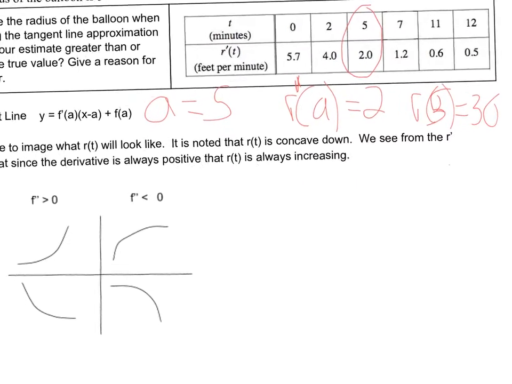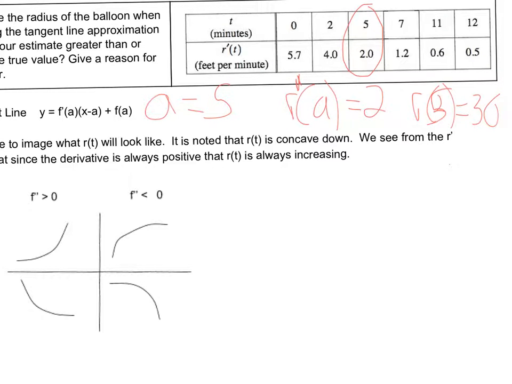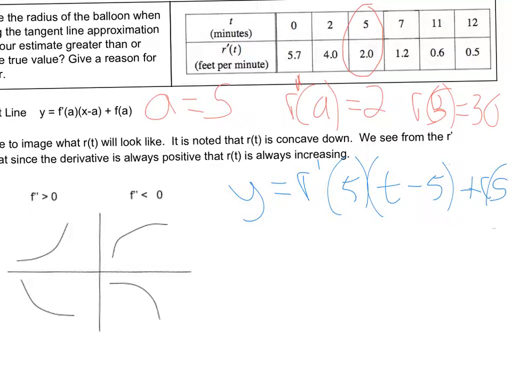So I'm going to write this down in terms of r and a. So y of the tangent equals r prime at 5 times t minus 5, because it's x minus a, t minus a, plus r at 5. And so I can substitute those values in.